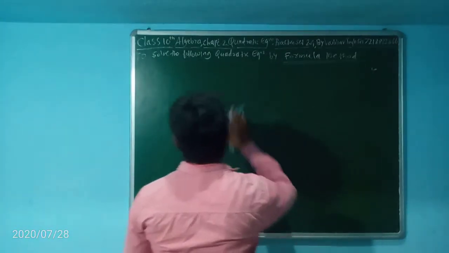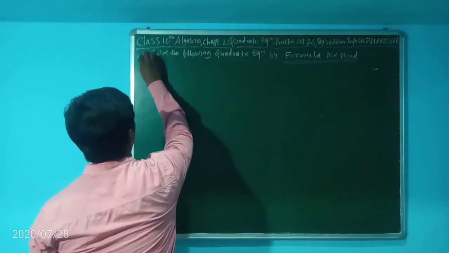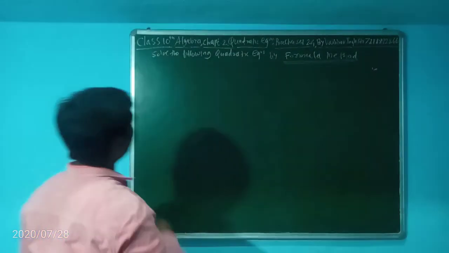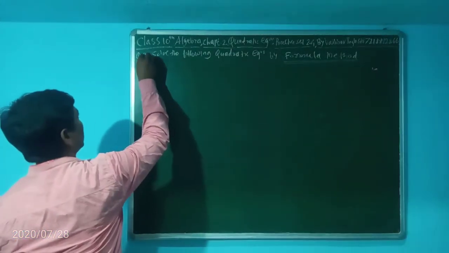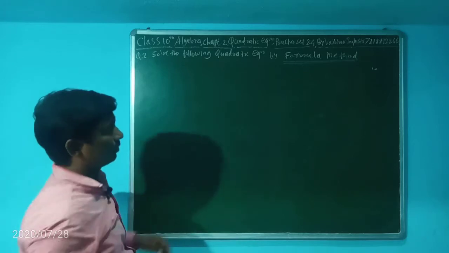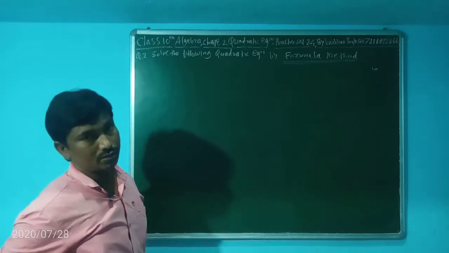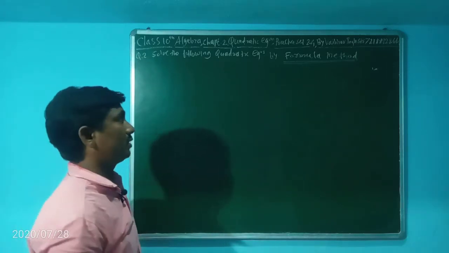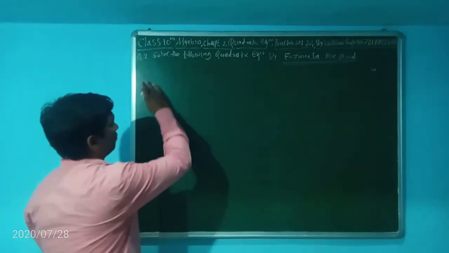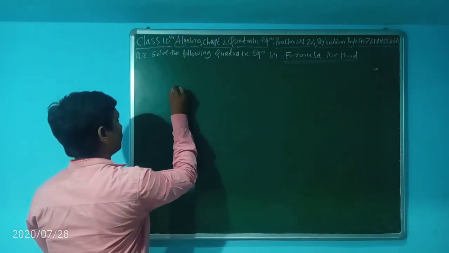Now what is the formula method actually? In the formula method, you solve the quadratic equation and find the roots by using a formula. What is the formula for finding the roots?